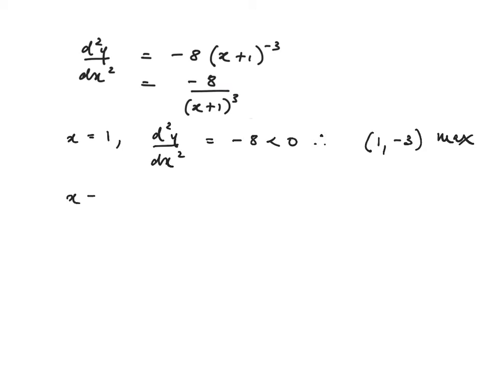When x equals minus 3, minus 3 plus 1 is minus 2, minus 2 cubed is minus 8, and minus 8 over minus 8 is 1, which is greater than 0. Therefore, minus 3, 5 is a minimum, and that fits in with what we already know.